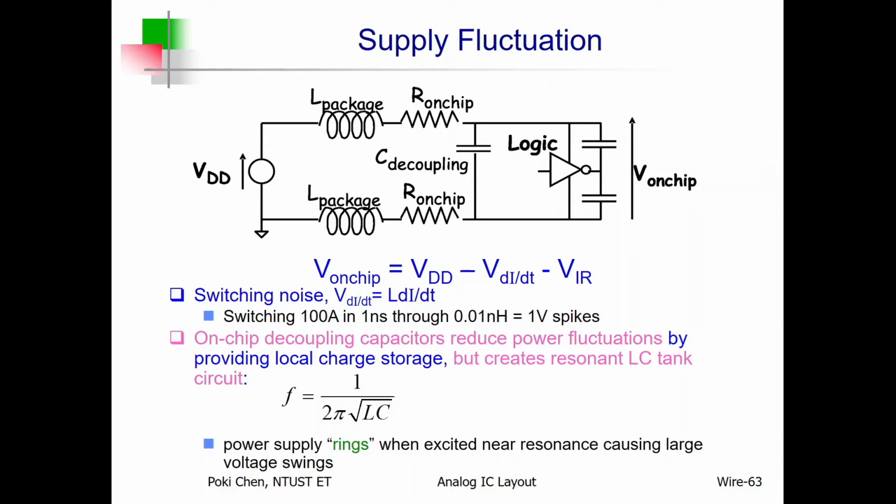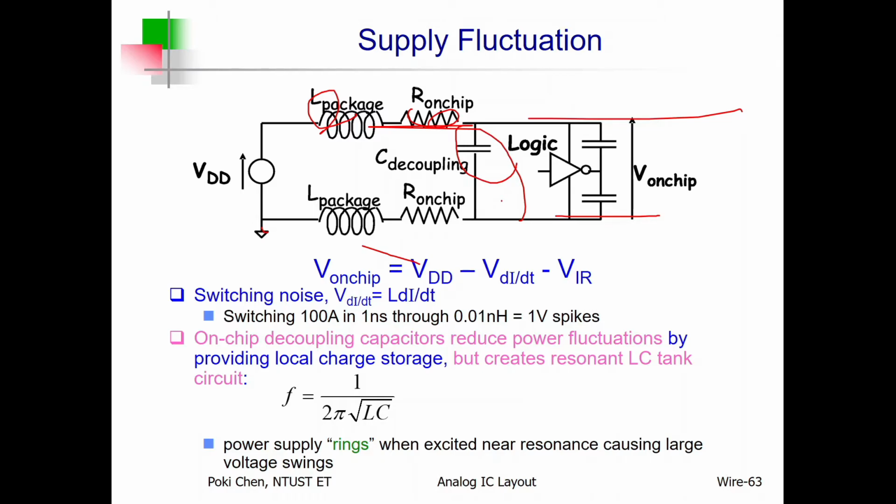The other problem is, as I mentioned, with multiple parallel connections, we can reduce both the L and the R, right? The parasitic inductance and the parasitic resistance. Even so, we still need the on-chip decoupling capacitor to stabilize the final internal VDD and ground for your core circuit.